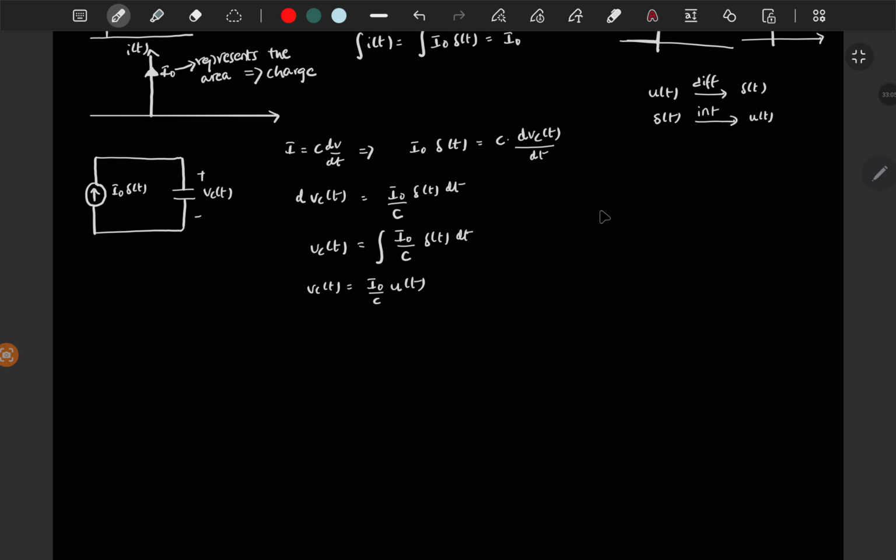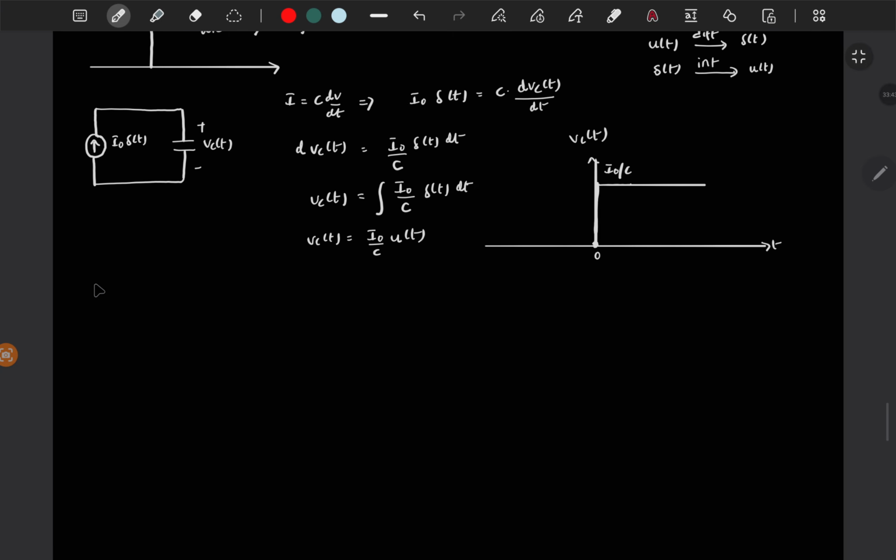So if you draw Vc of t, then at t is equal to 0, it is going to I naught by C. So there is a sudden change in the capacitor voltage at t is equal to 0, because we are applying an impulse current.